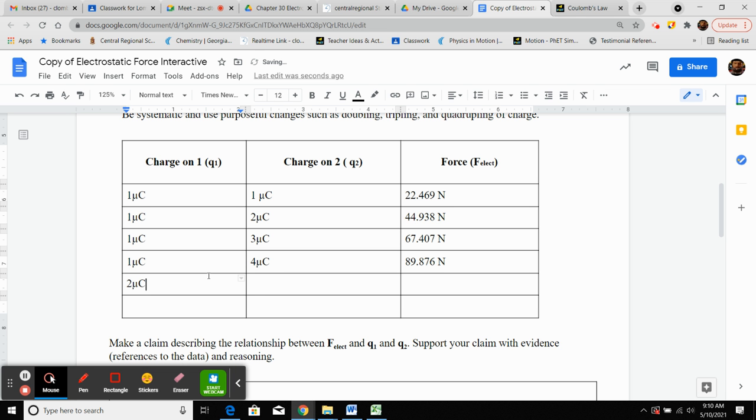I made this one 2 and this one 2, and now I have 89.876 newtons. So I doubled one of them, the force doubled. I tripled one of them, the force tripled. I quadrupled one of them, the force did the same. When I doubled both of them, it increased by a factor of 4.